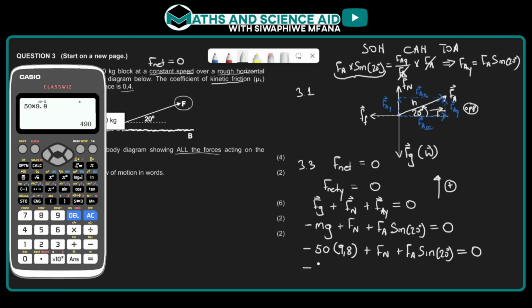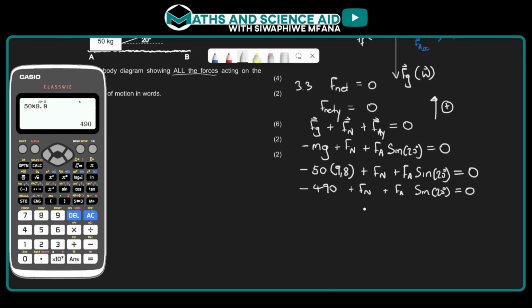So here we'll have negative 490 plus Fn plus Fa sine of 20 degrees equal to 0. And now, unfortunately, we don't have any information about the normal force and Fa. So we are just going to leave them like this. We can just call this our equation 1.